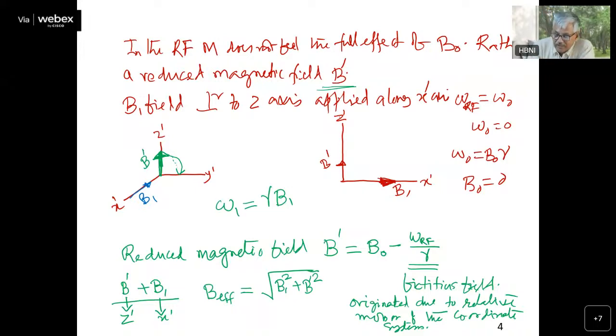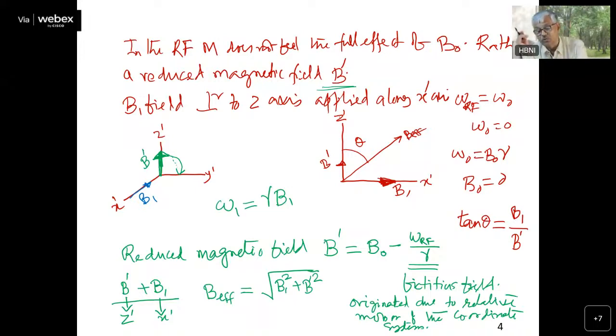So you will see a B effective. Now this B effective angle theta will depend on, so tan theta is equal to B1 by B prime, by simple trigonometry.